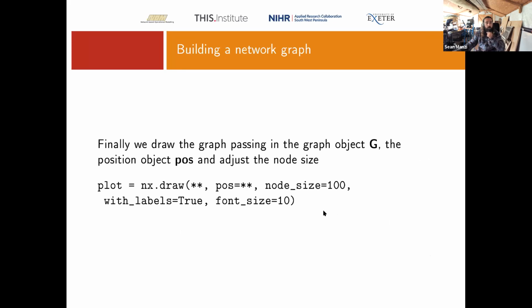And then there's a few other arguments, such as the node size, so we can change that. That could be determined by an attribute within the data, but here we're just using a fixed value. And adding labels to the plot and the font size for those labels.